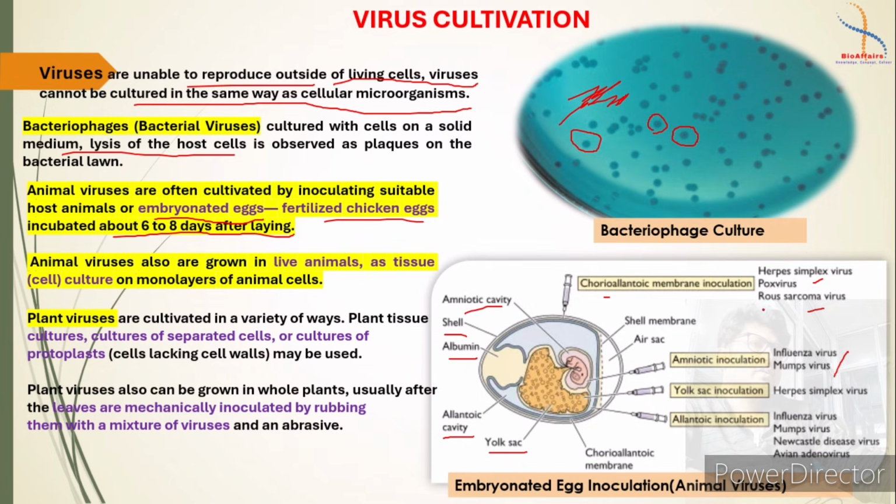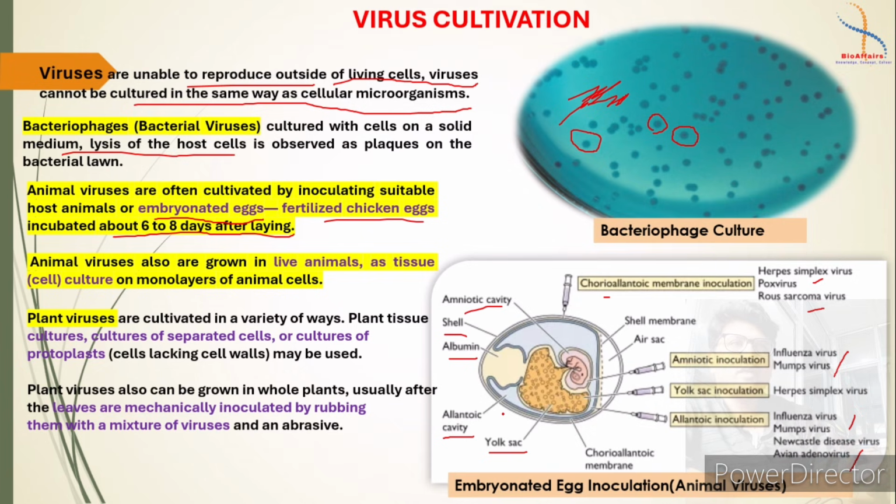In allantoic inoculation, you use influenza virus, mumps virus, Newcastle disease virus and avian adenoviruses. So you can see the preference of these viruses from one zone to another in the different zones of the embryonated egg. This gives you a perfectly isolated virus, in the zones where the virus can grow.